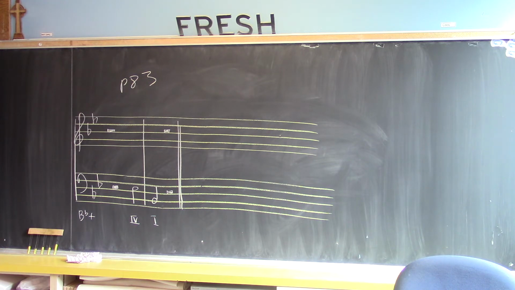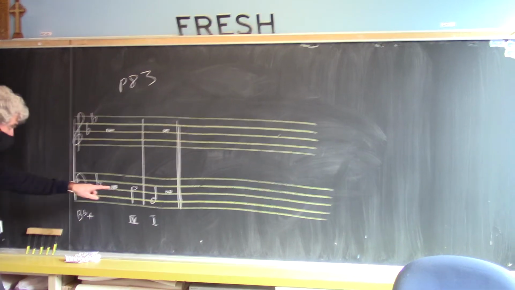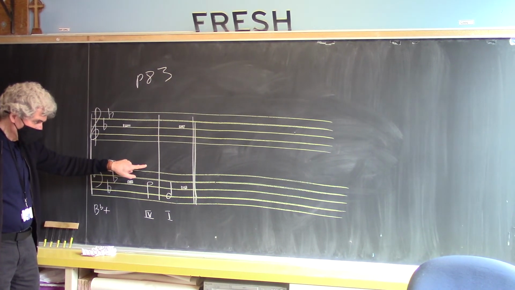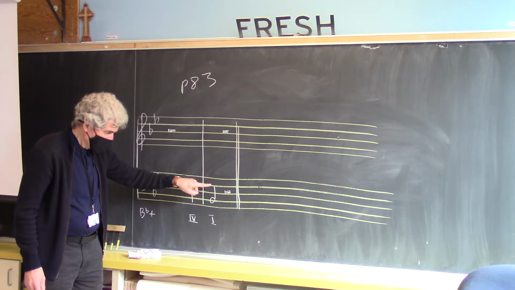Okay? Now, this is what you know. These are all chords in root position. Therefore, those notes that are in the bass are the roots of your chords. So, this guy here is E flat, G, B flat. This guy, B flat, D, F.